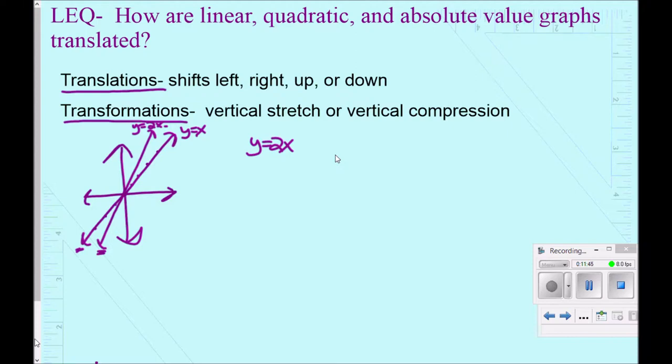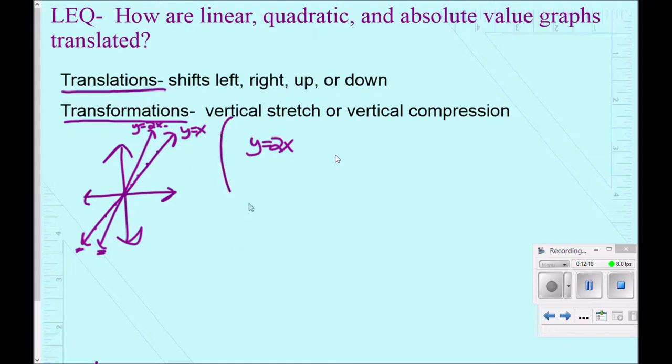So a vertical stretch comes from the slope being a number that's larger than 1 or a number whose absolute value is larger than 1. So if it was negative, we'd be talking about a negative slope line, but it still could be vertically stretched or vertically compressed.